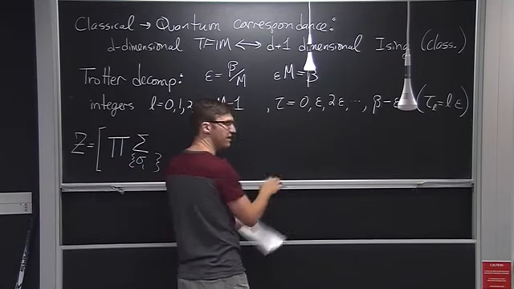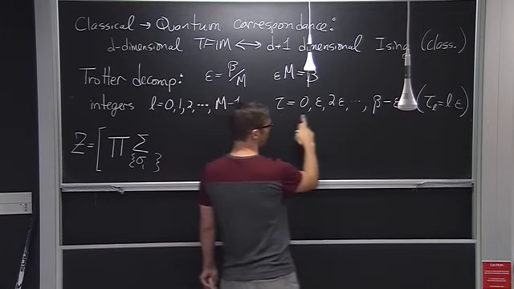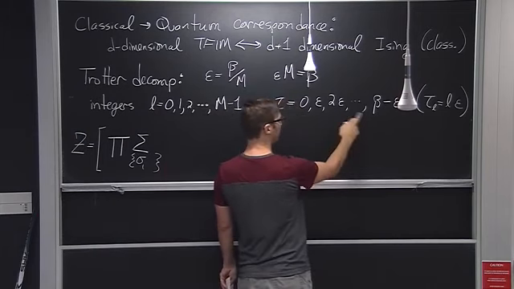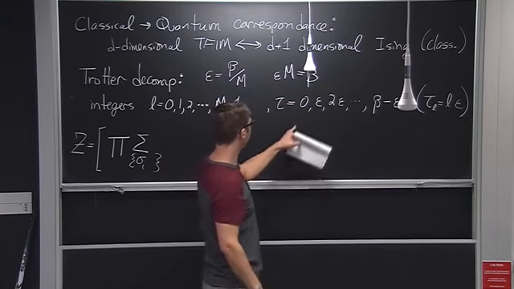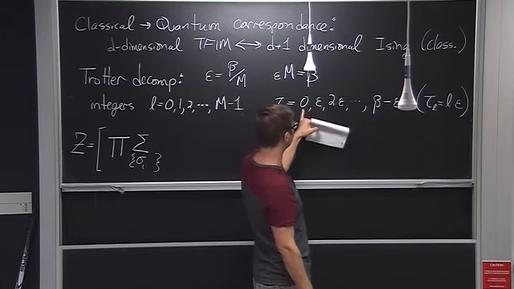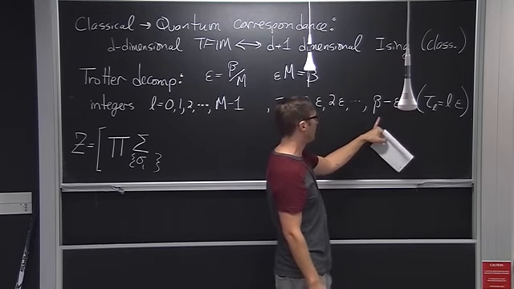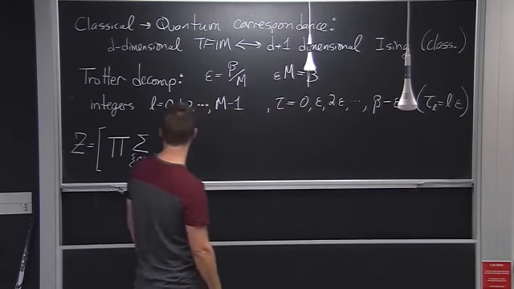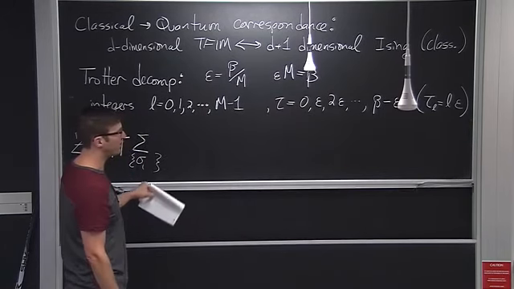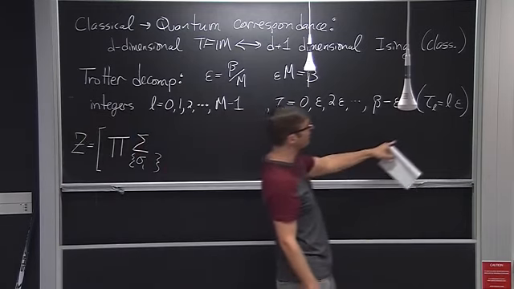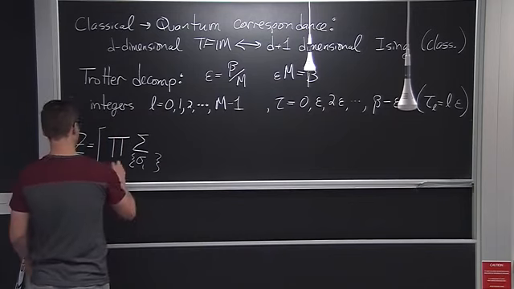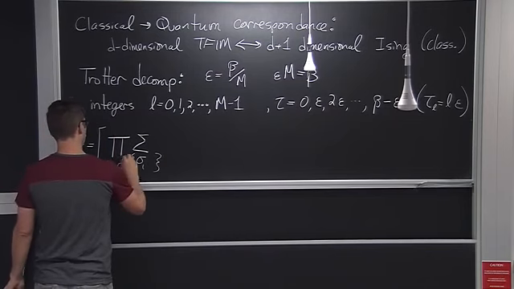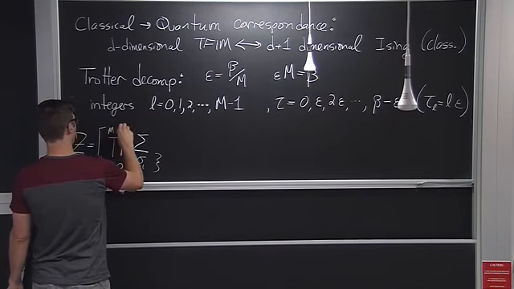Tau counts the expansion direction, or the inverse temperature direction, or the imaginary time direction, which I call it for a specific reason that we'll see, in units of epsilon. So 0, epsilon, 2 epsilon, 3 epsilon, all the way up to beta minus epsilon. So really tau is just L times epsilon, where I'm introducing an integer that I'll use to label these products. And L goes from 0 to m minus 1.